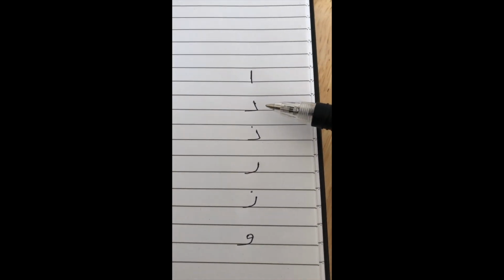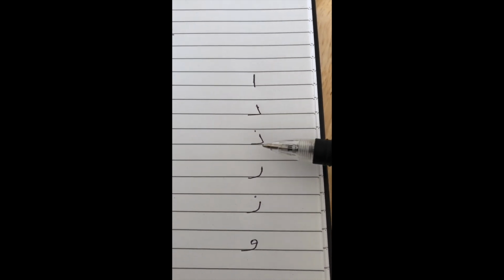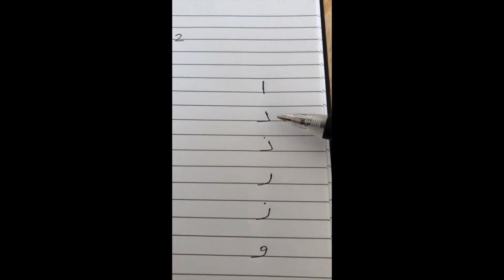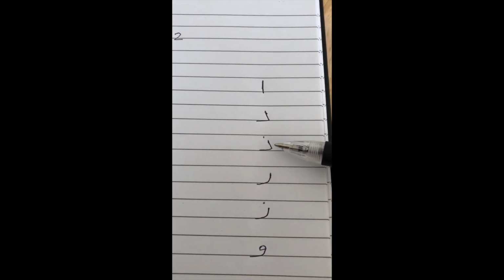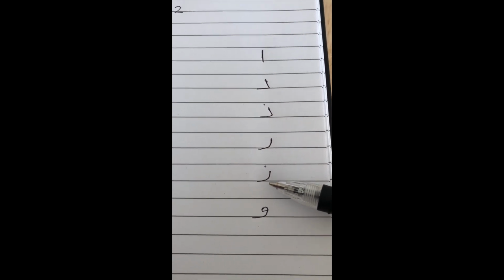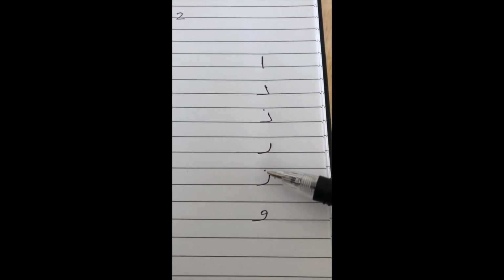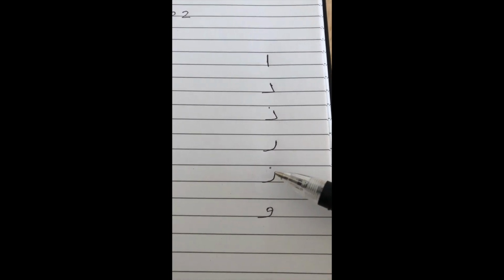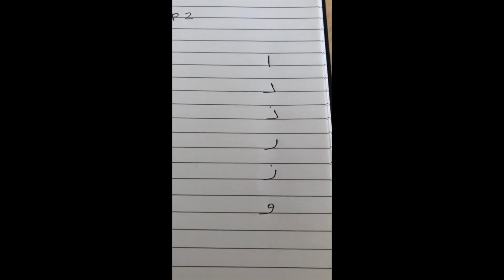Now, you can see that Dal and Dal are very similar. The only difference is the dot above the Dal. Ra and Zai both have the curved shape. The only difference is the dot above the Zai.